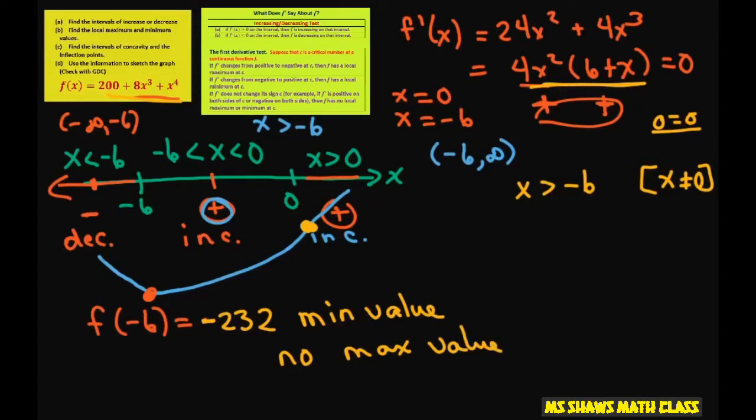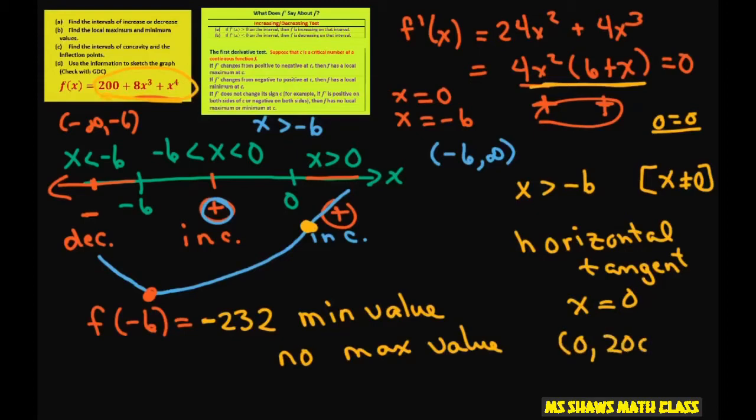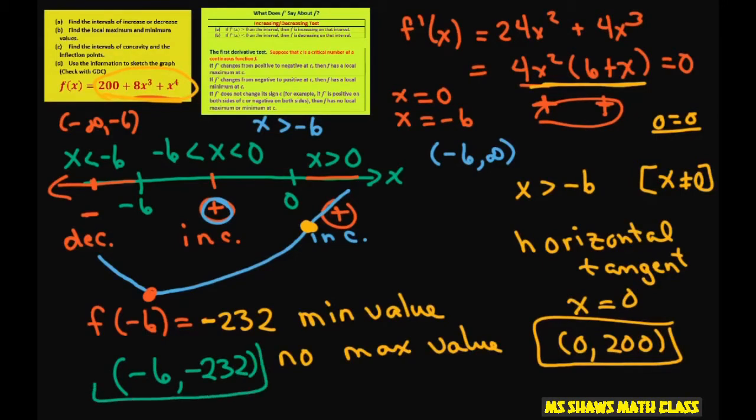And you have a horizontal tangent at x equals 0. If you plug in 0 in here, that's going to occur at 0, 200. So we'll be plotting this point, and we'll also be plotting this point as your minimum value, negative 6, negative 232. So those are the two things we have.